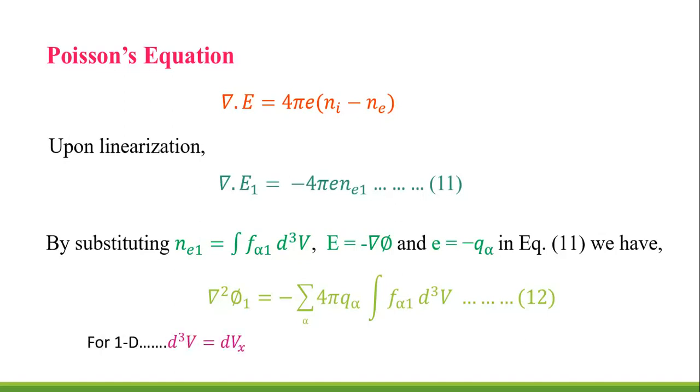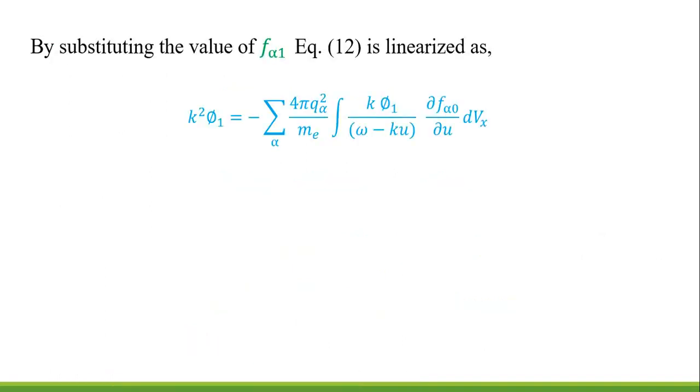Well, all right. For simplicity we are considering the one-dimensional motion only. So d cube v can be simply written as dvx for the x-dimensional motion, and q represents the charge of the electron. Then, if we substitute f alpha 1, which I have derived before, into equation number 12, we will get this linearized equation for the electrostatic potential phi 1 as k square phi 1 equals summation of 4 pi q alpha square over me, the integration being over partial f alpha naught over partial u dvx, divided by omega minus ku.